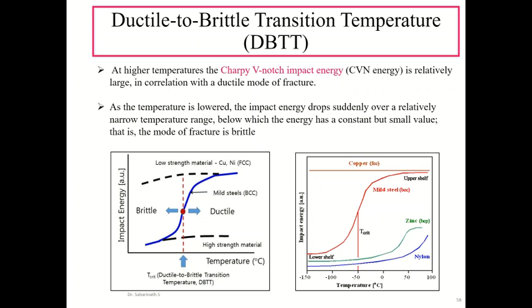As an example, in ships, in earlier periods, the main failure cause for ships was that the ship would break into two pieces from the middle. Why was this happening? Because the materials used to build the ships possessed adequate ductility at room temperature.